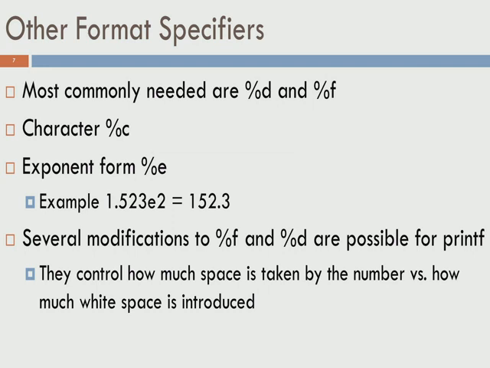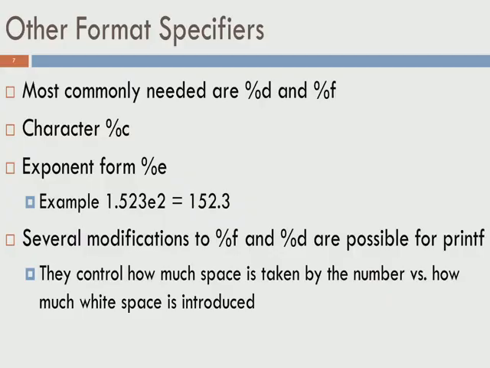There are also several modifications to %f and %d which are possible, which you can use in printf. However, they only control how much space the number takes on the screen. It does not really control the value itself. So if you say %d, it is an integer, so it will get printed as an integer, but a percentage followed by a number and a d will take as many spaces as you specify.